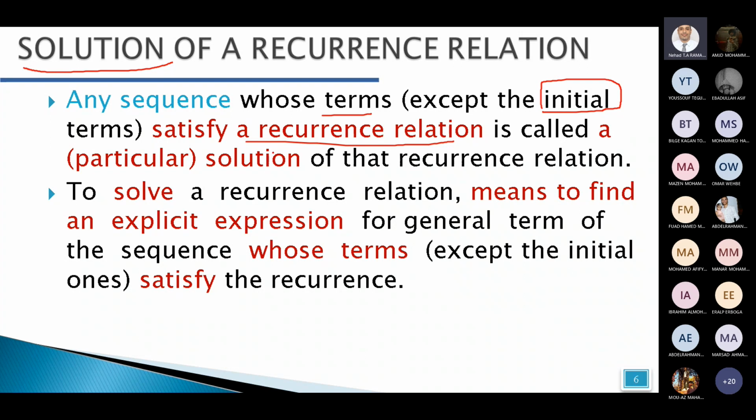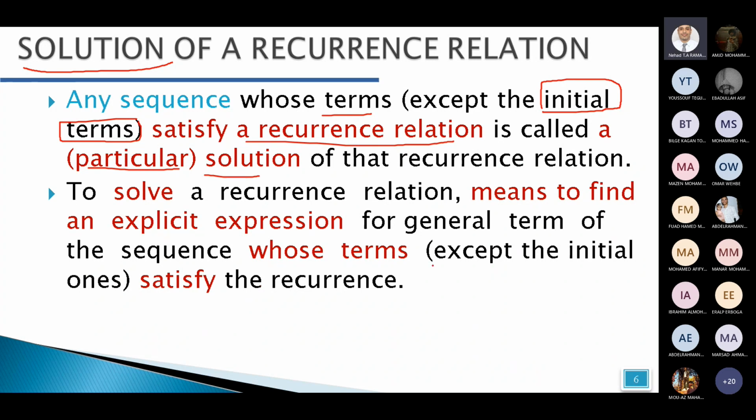Because the initial term has a specific, constant value. It's not related to the recurrence relation, but it's the starting point for the recurrence relation. So any sequence whose terms satisfy a recurrence relation is called a particular solution. We could have more than one solution.